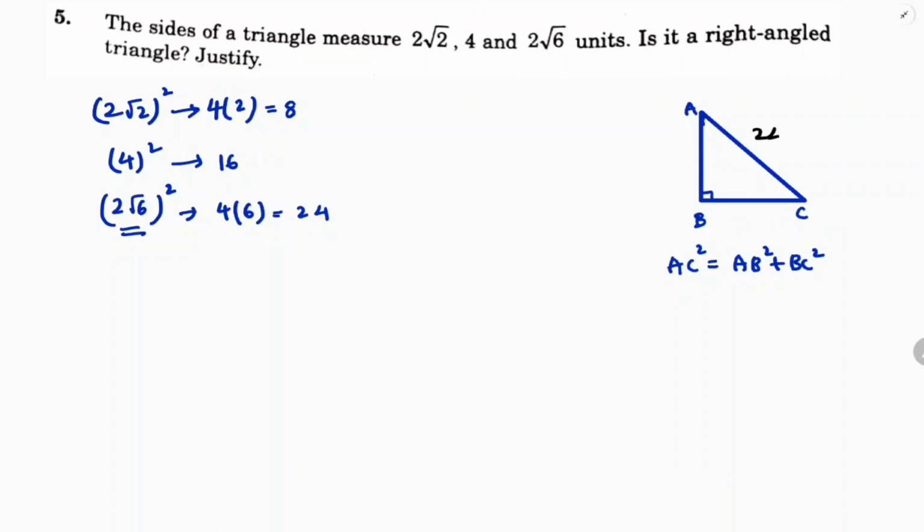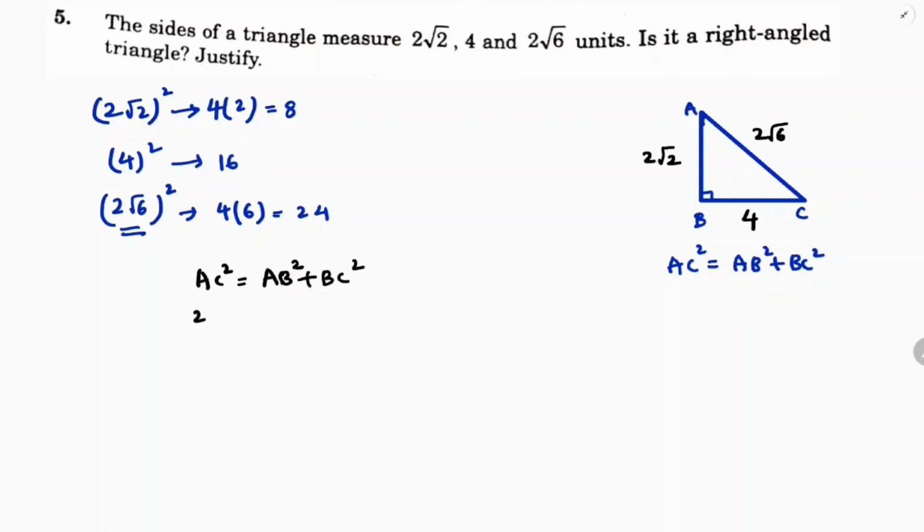So the hypotenuse I'll take as 2 root 6. One side I can take as 2 root 2. The other one is 4. Now if you substitute, AC square equals AB square plus BC square.